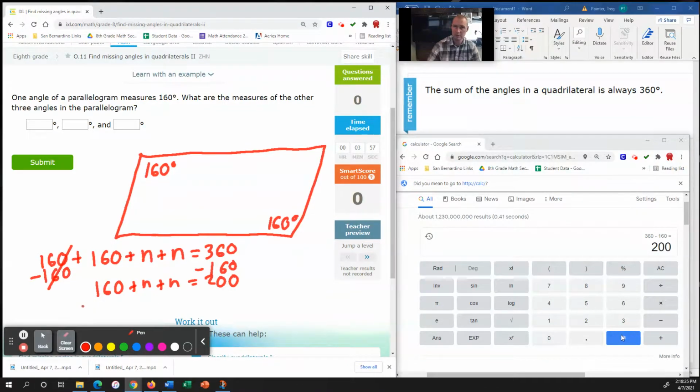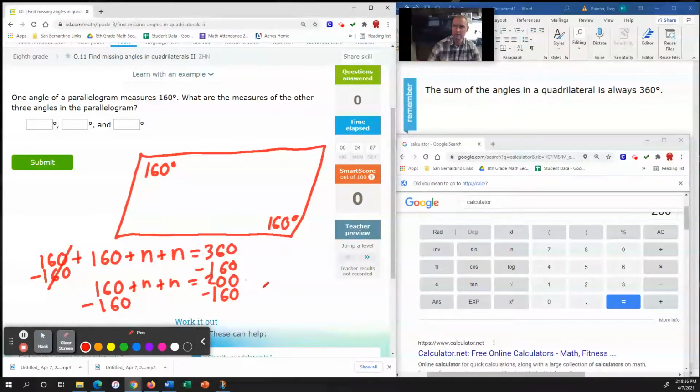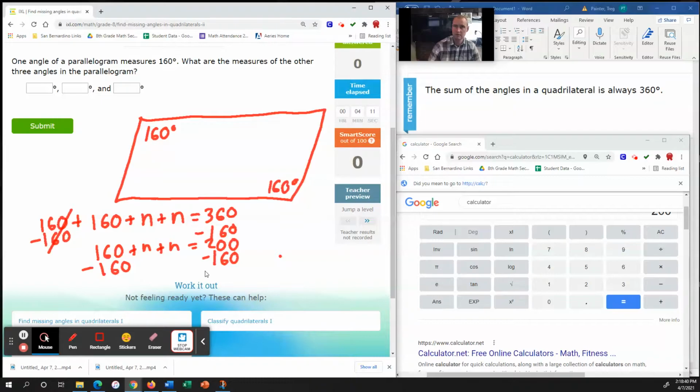Now we're going to repeat it because we're trying to solve for n. So minus 160 again from both sides. If you want to use a calculator, you can, but in this particular case I don't need to because 200 minus 160 is just 40. We can just figure that one out. So the 160s are out, and by the way, because we have n plus n, that is 2n equals 40.